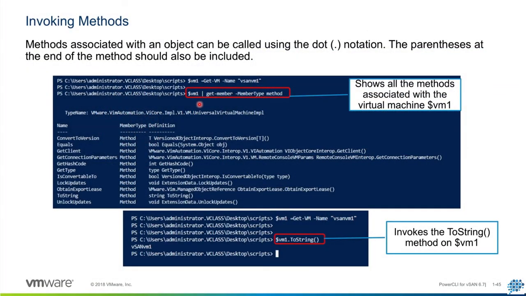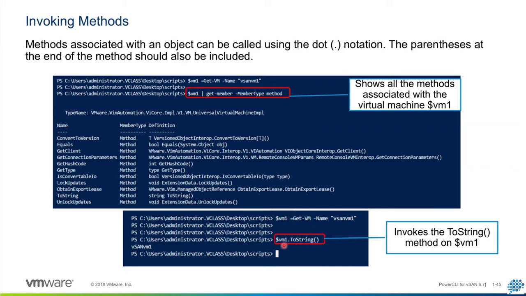So for example, in this case, first of all, I take a virtual machine object which is stored in a VM1 variable, and I say Get-Member where the member type is method. If you recall, the last time we filtered saying that the member type should be property. So now I'm saying member type is method, and it is showing me all the methods associated with that particular virtual machine.